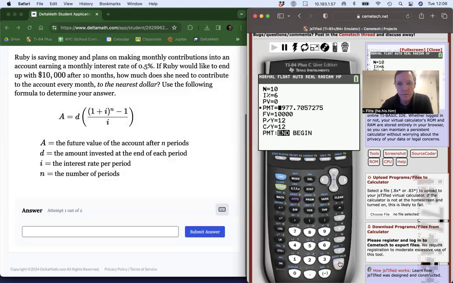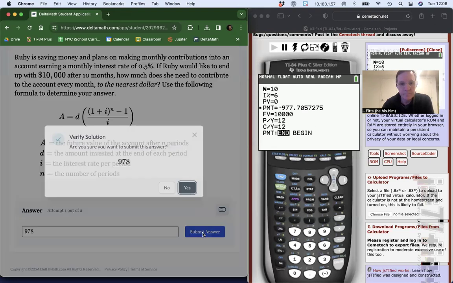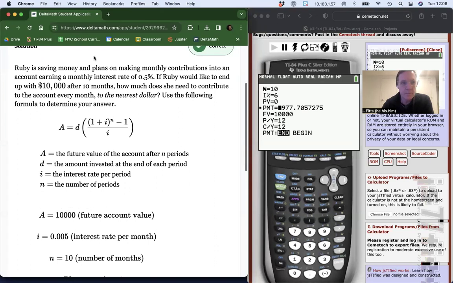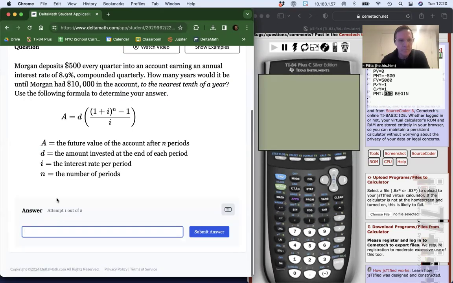Alpha, enter. So $977.70, so $978, because I want to round that, right? Yeah, nice.